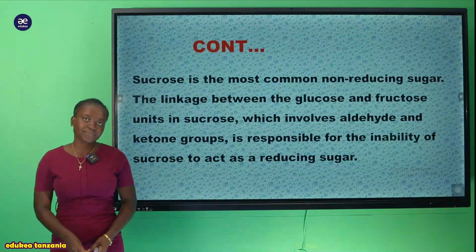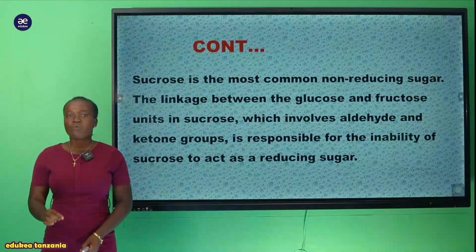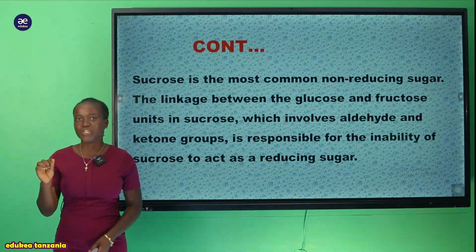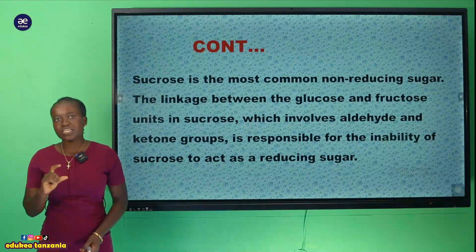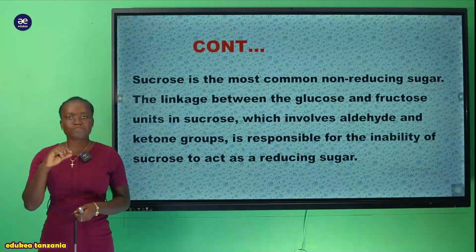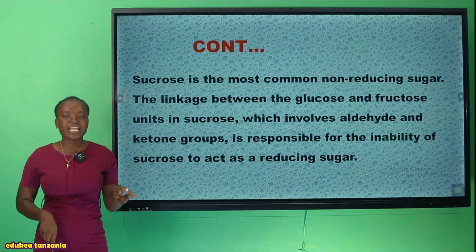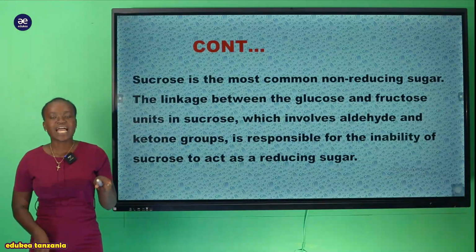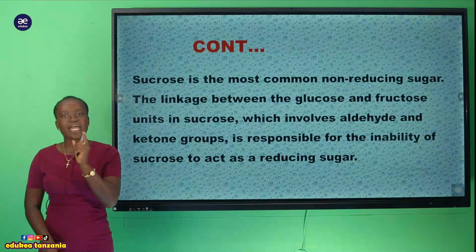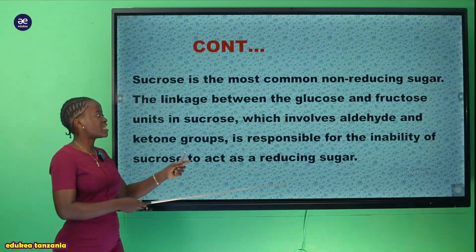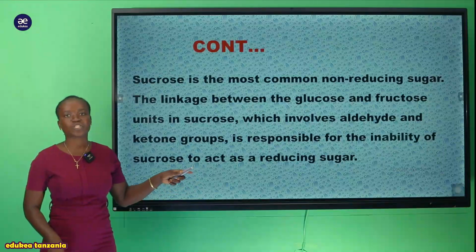If you are asked why sucrose is a non-reducing sugar while other disaccharides are reducing sugars, the answer is that the aldehyde group and the ketone group found within its structure are used in the formation of the glycosidic bond. By doing that, we can say it is responsible for the inability of sucrose to be a reducing sugar.